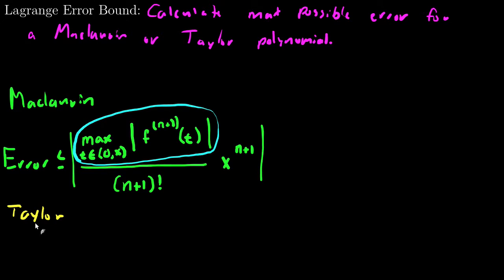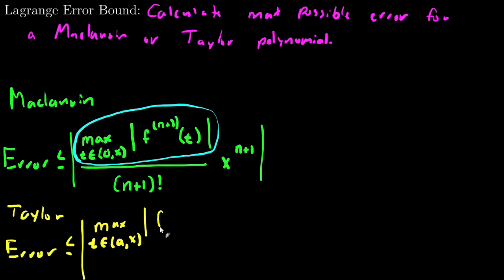It'll bound it. Okay? For a Taylor polynomial, the error has to be less than or equal to the magnitude. I still have this max. Now we're looking at t values in the interval from a to x, where we have some center a, of the next derivative, all divided by n plus 1 factorial, because we've sort of gotten to the n plus first derivative.